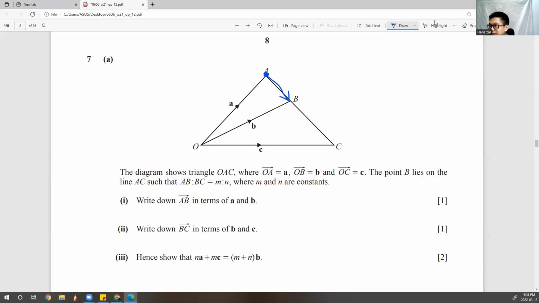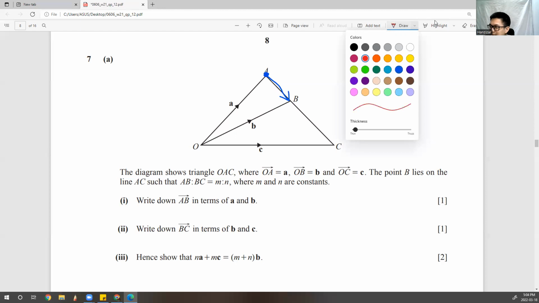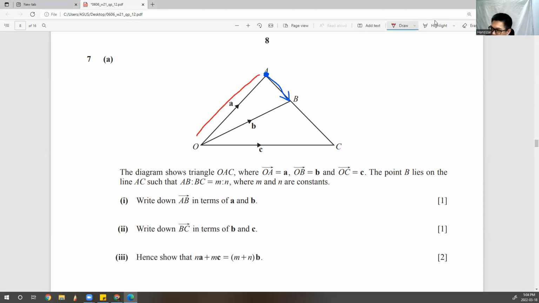It has to start somewhere here, so it will be negative a because you have to go backwards first, and then plus b. So there you go. Have you ever learned this before in your school? Yeah, you have to memorize this. You have to recall it from maybe a year ago or one semester ago, right?